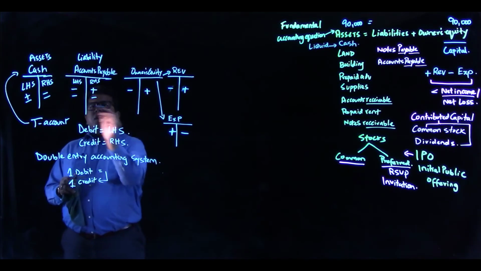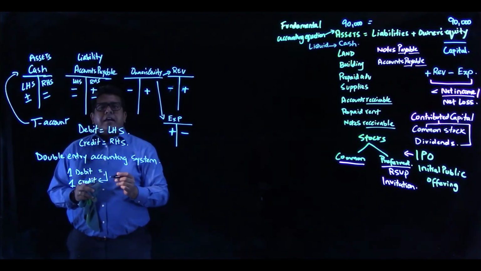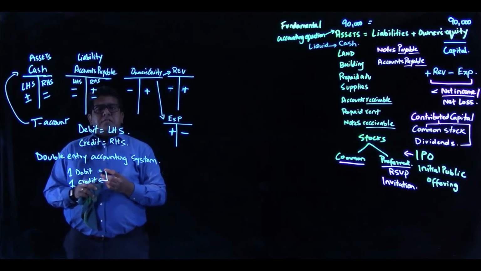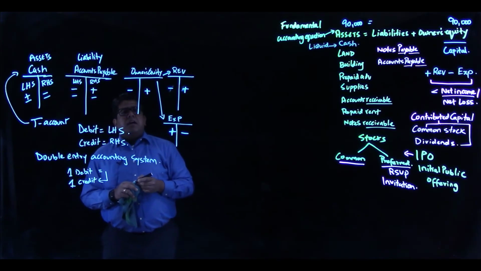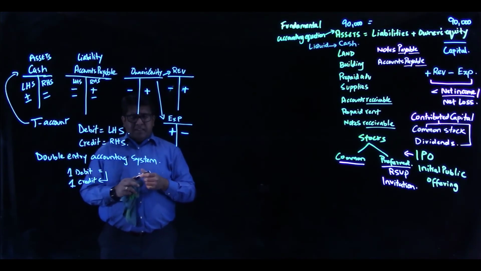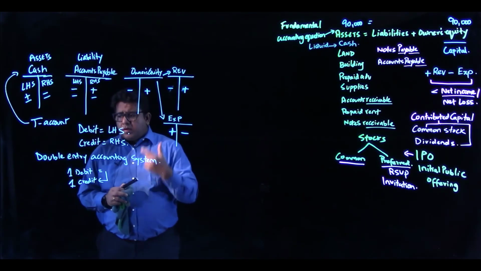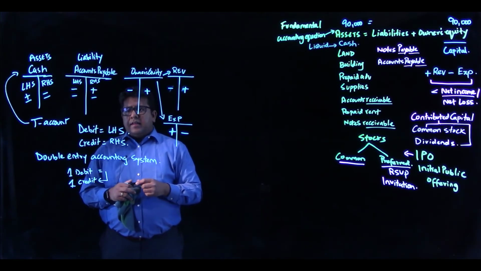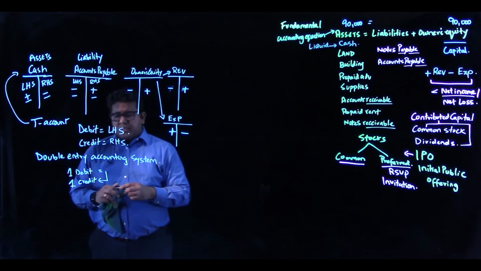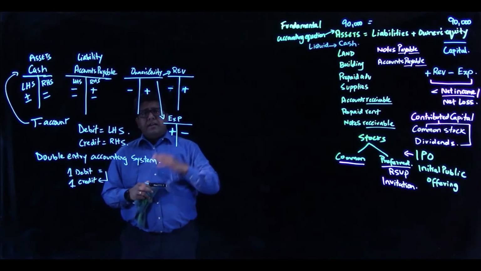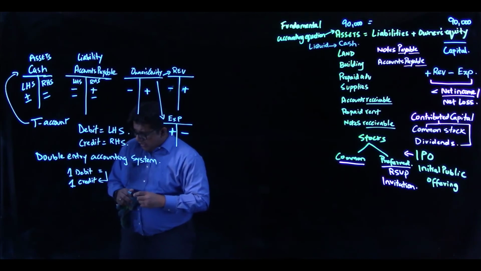To balance the left-hand side and the right-hand side, to make it equal, we use the double entry accounting system. The most important step to understand your debits and credits is to balance your left-hand side with the right-hand side.